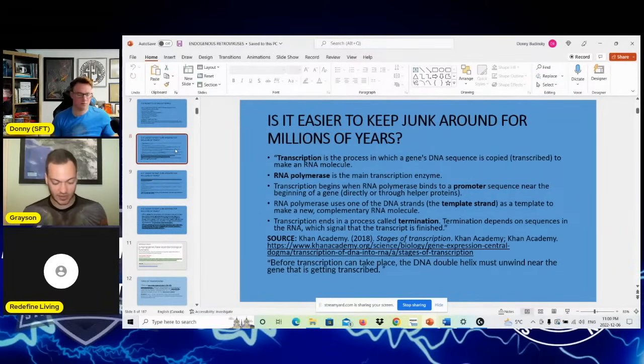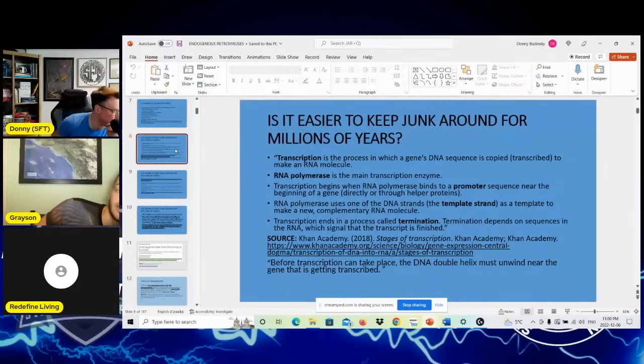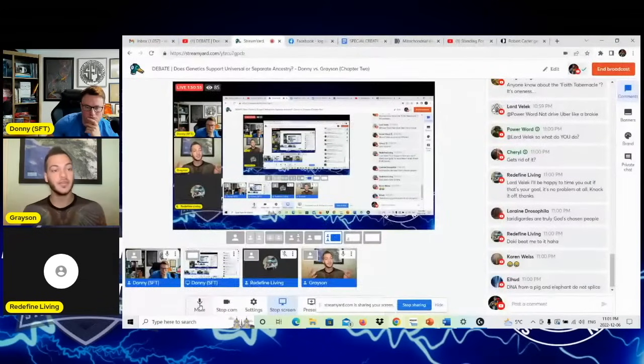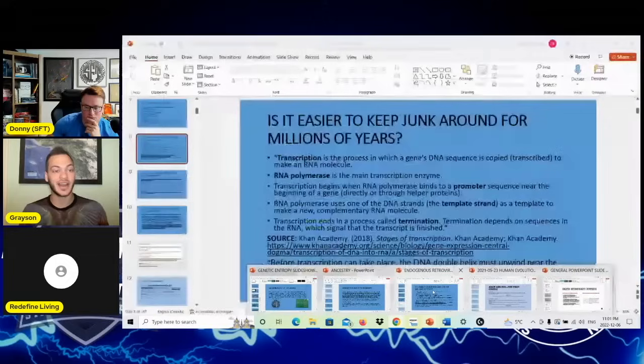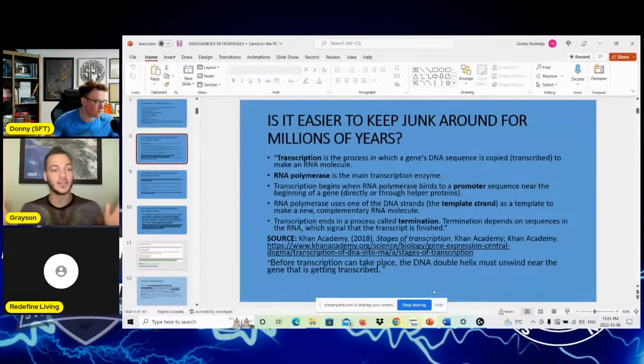We can see this in ERVs, for example. For something to be translated, it's got to have codons. It's got to have an open reading frame: a start codon, a stop codon, and everything in between is what's read. Only 0.15% of ERVs even have an open reading frame. So only 0.15% can even be read by the cell's machinery. It's a very, very small percentage of the total ERVs.